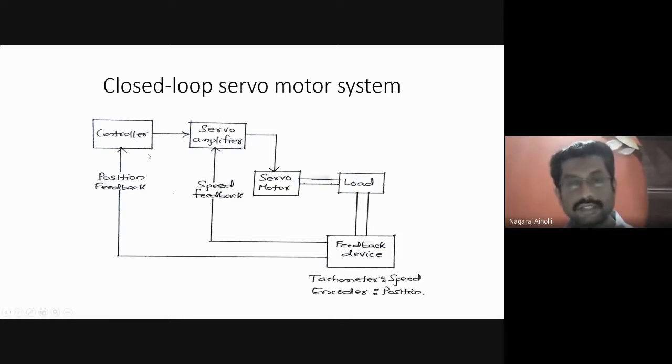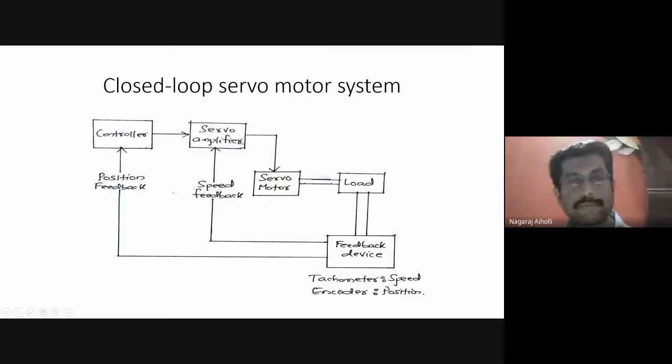The feedback signal, that is the speed information, is fed to the servo amplifier. This is the amplifier which amplifies the information so that it is in the required form. If the magnitude of the signal is less, it tries to increase the magnitude of the signal. This is an amplifier which increases the strength, or the magnitude, of the signal received.